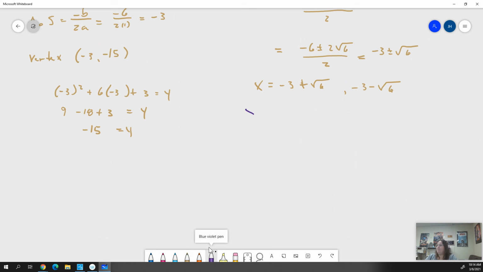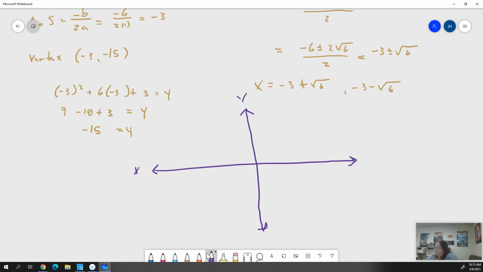So if I'm making a graph, I don't need anything perfect, like I said before, right? I don't know why I'm making it so big, but it doesn't matter. Here I know that I have a point over here at what I'm going to call minus 3 minus the square root of 6, right?